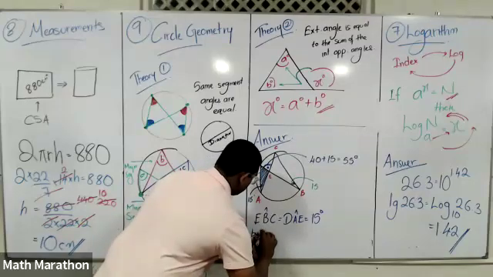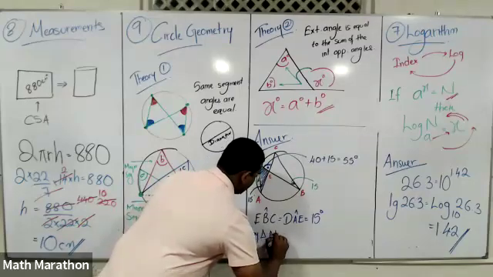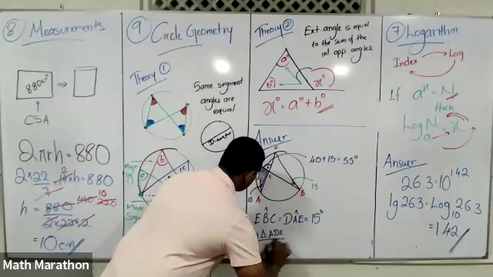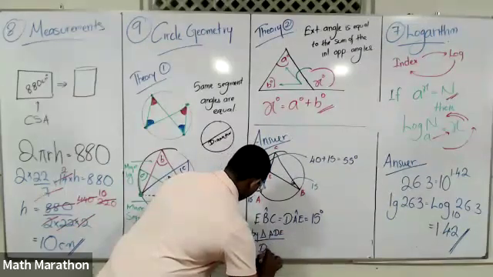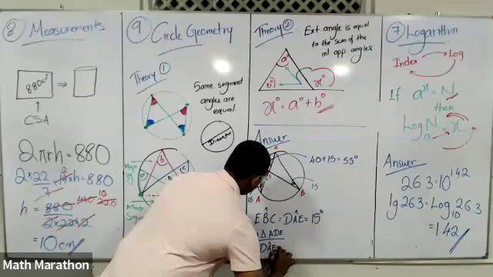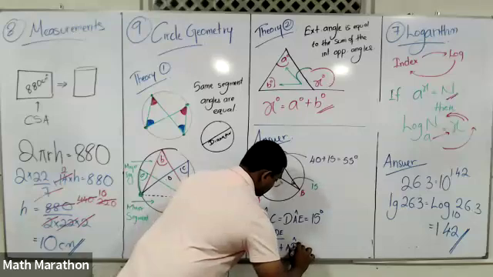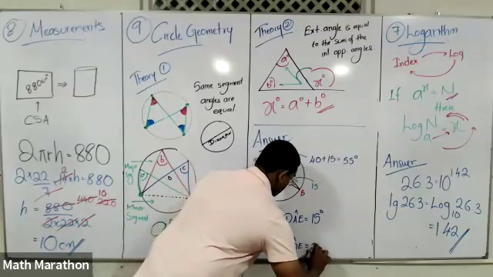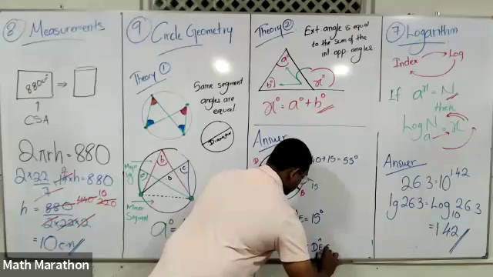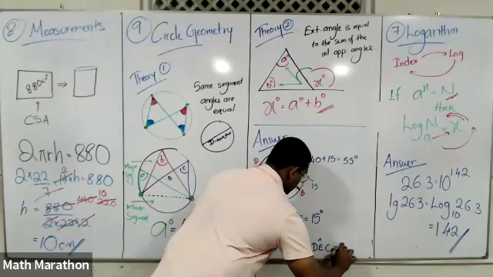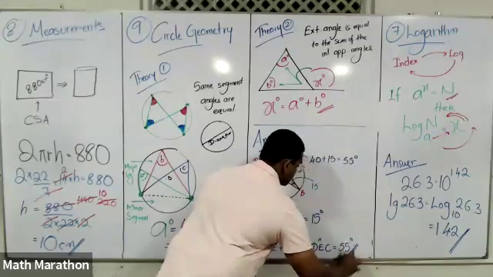By triangle ADE, DAE plus ADE equals DEC, which equals 55 degrees. That is the answer.